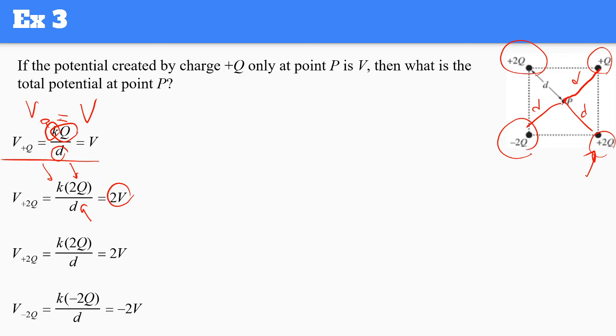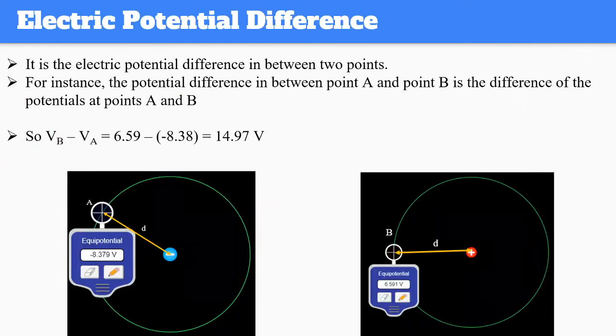And for the potential that the negative 2Q creates, k stays the same, but negative 2Q divided by d creates negative 2V. Once you add them all, you have 3V potential at the end.